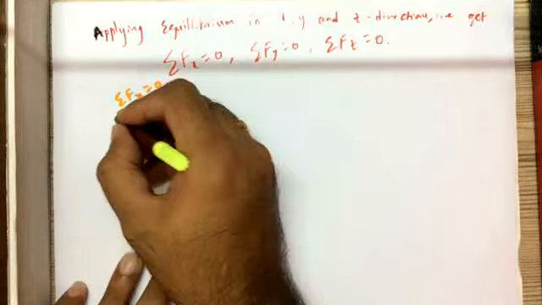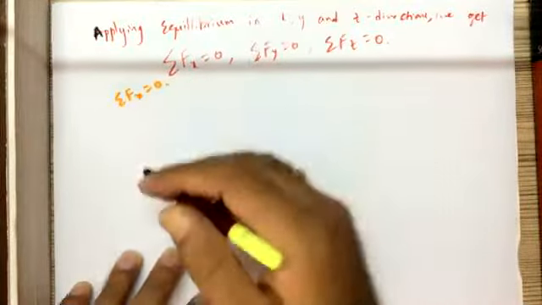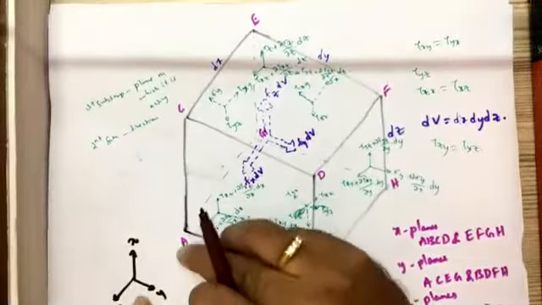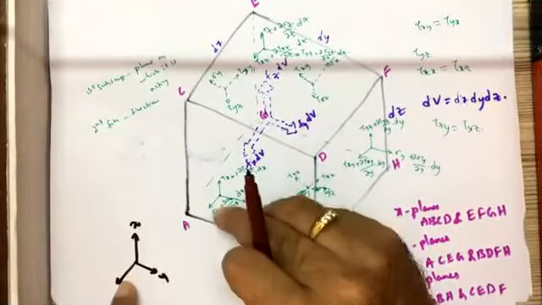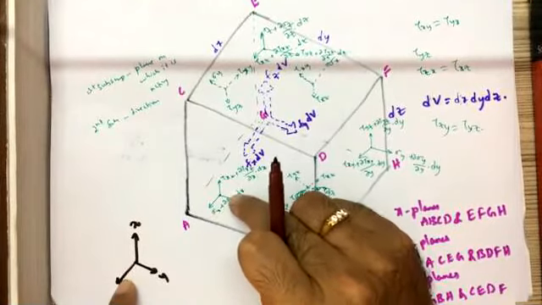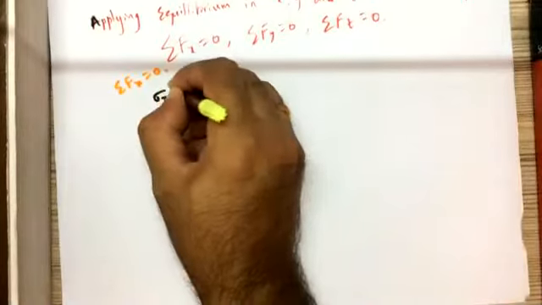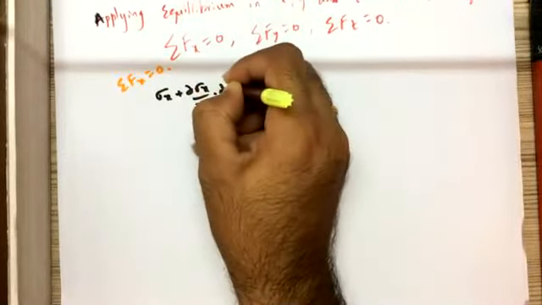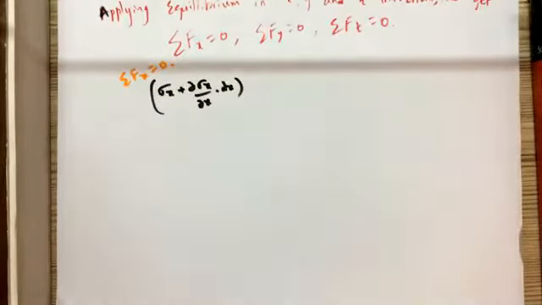Firstly, because I have considered this as positive x direction, let me consider sigma x plus dou sigma x by dou x into dx. That is one stress.